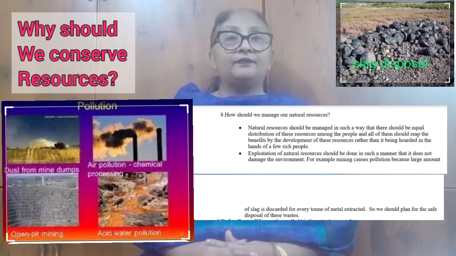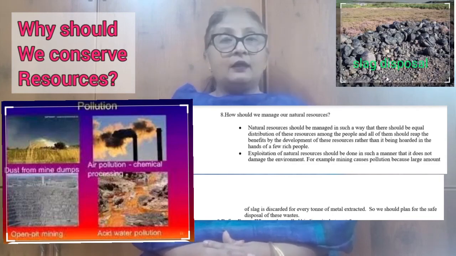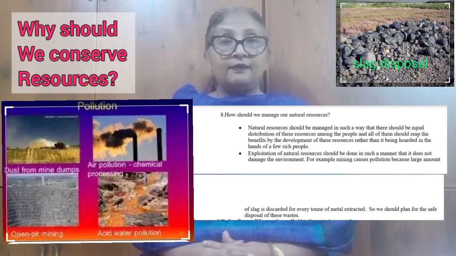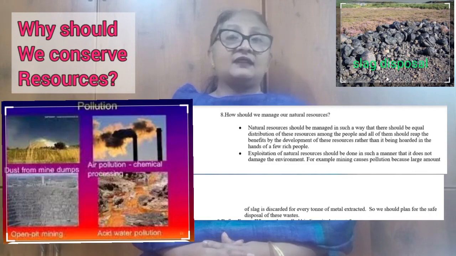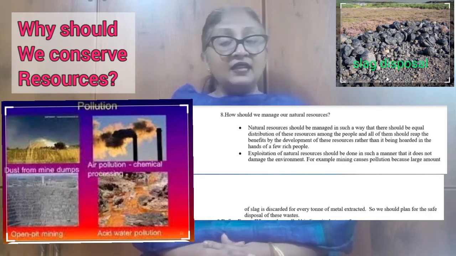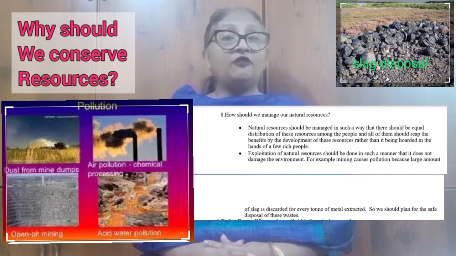For example, when mining is done, metal is extracted from the earth's crust. Along with every ton of metal, a lot of slag is also extracted. Since it is waste, this slag is simply disposed of or dumped, and this causes a lot of pollution.